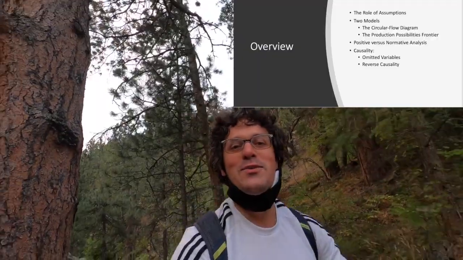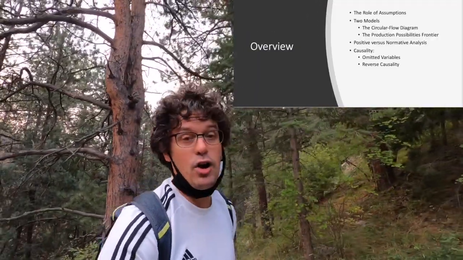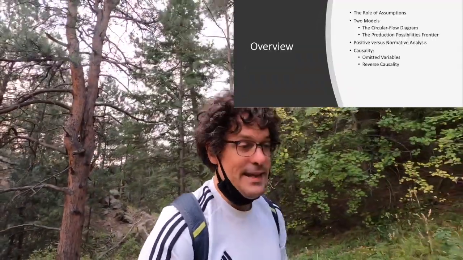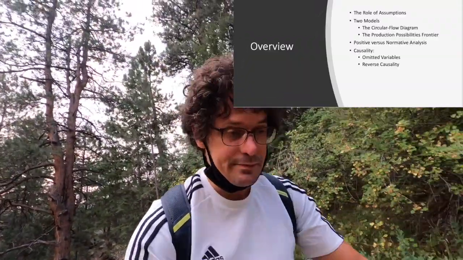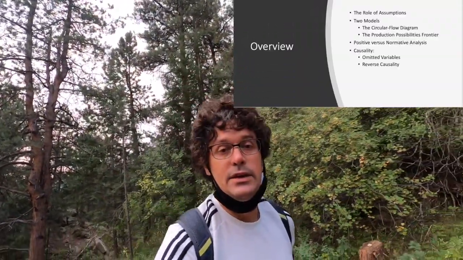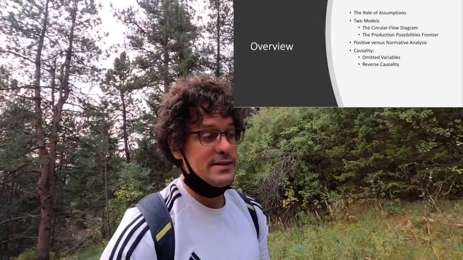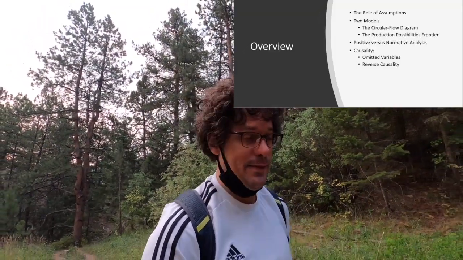So, first of all, we are going to review the role of assumptions. Then we discuss how economists use models in order to rationalize the world. Then we are going to discuss a couple of models that you have already seen in Principles of Macroeconomics. Then we are going to discuss the difference between positive and normative statements.